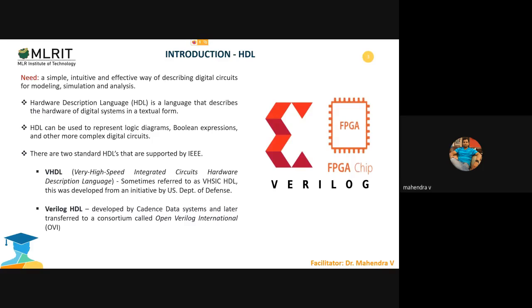Verilog HDL is the verification of logic hardware description language, which was developed by Cadence Data Systems. Later on, that became the standard under the organization Open Verilog International, which maintained all the constructs of Verilog HDL.